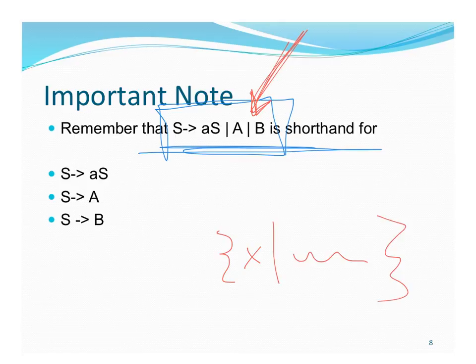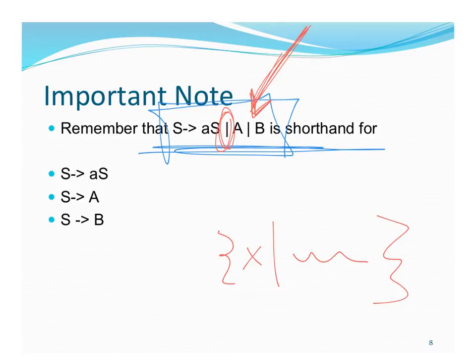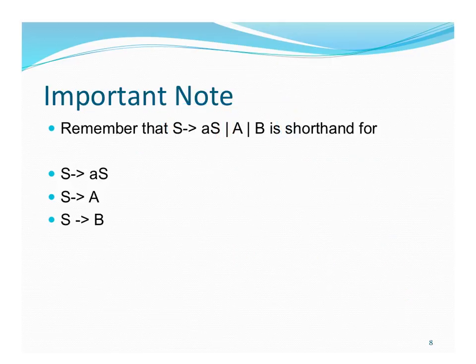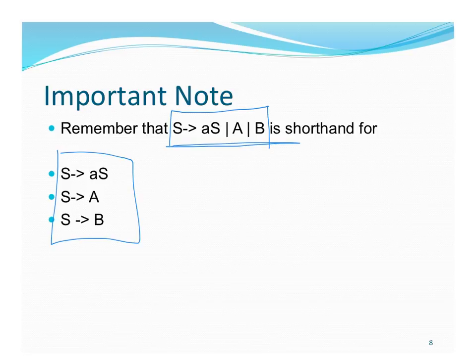So other than the fact that we use that bar symbol for just about everything we can think of, it's important to remember that we're just using a shorthand here. So all I'm just trying to say is if you have a rule that looks like that, you just want to think in your head, oh, that's shorthand for these three rules, right?